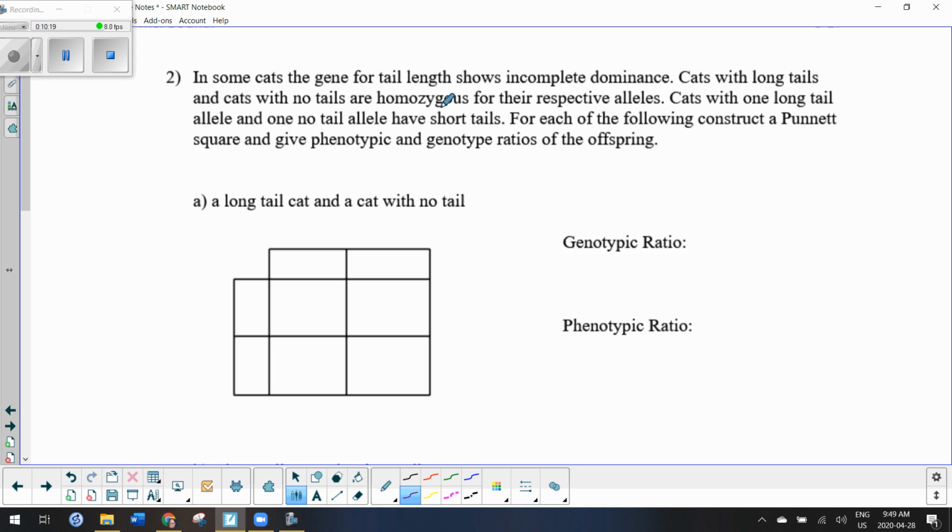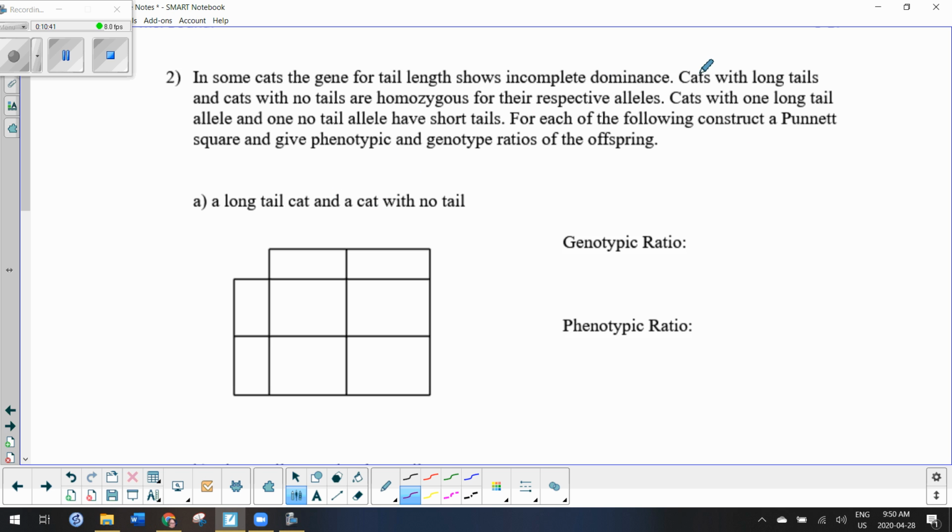Cats with no tails are homozygous for their respective alleles, so these will be two of the same as well, but they'll be different traits. Cats with one long tail allele and one no tail allele have short tails, so kind of halfway between. For the following, construct Punnett squares and give phenotypic and genotypic ratios.